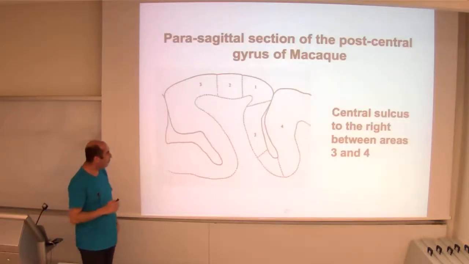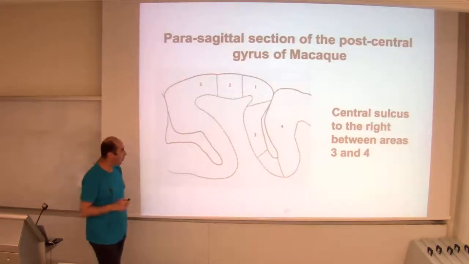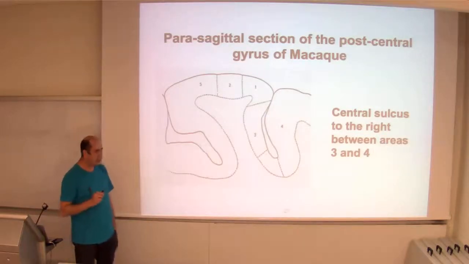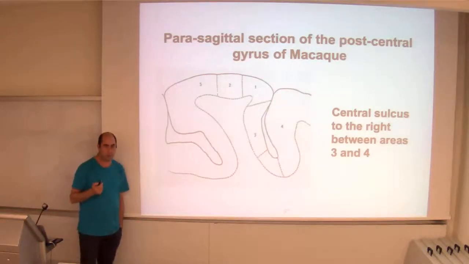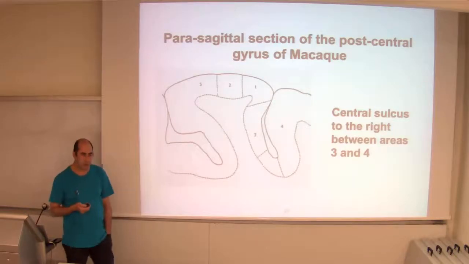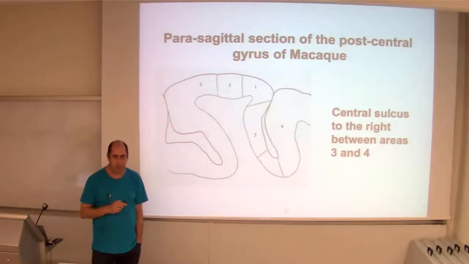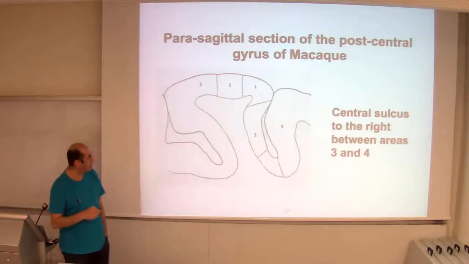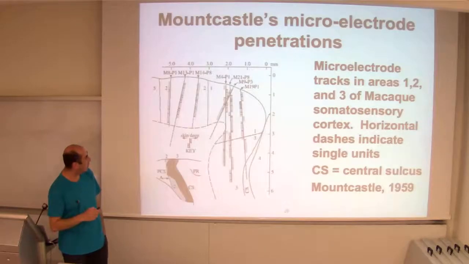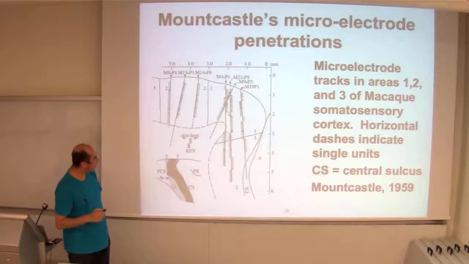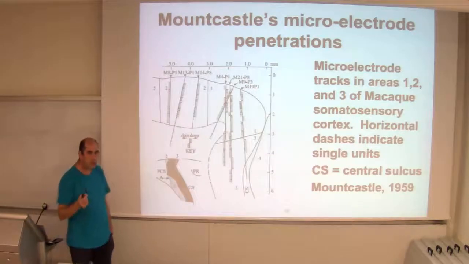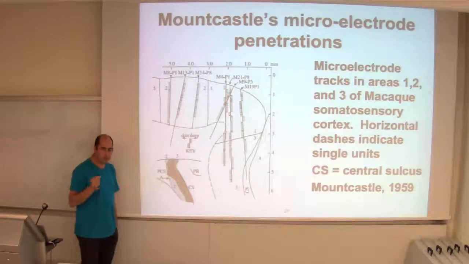One thing that I wanted to mention is that the idea of cortical columns, which you probably have heard of when we talked about vision, in fact started in the somatosensory area with Mountcastle. Mountcastle was a famous electrophysiologist who studied somatosensation in monkeys.